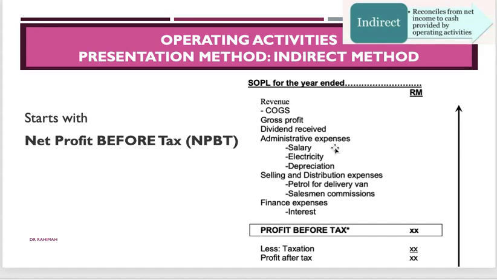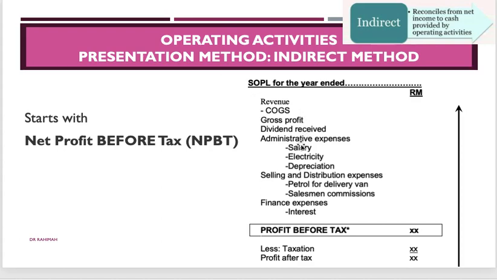And then maybe you have gain on fair value of investment property, so that falls under income. It is not shown here, but let's say there is income here. You have gain on disposal of PPE, gain on fair value of biological asset, gain on fair value of investment property, gain on foreign exchange. Okay, so those are non-cash items, so you have to reverse them back.